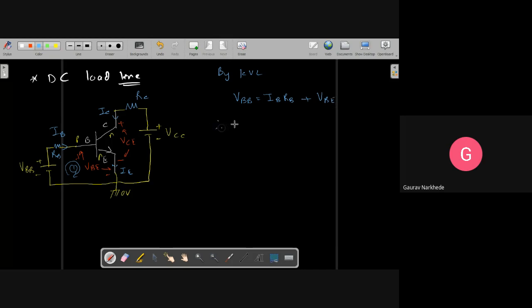From here I can take out the value of IB. So IB is nothing but VBB minus VBE, divided by RB.